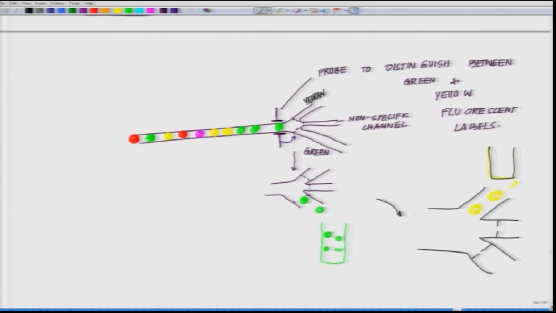So, now from 5 cell types, you are slowly narrowing down to 2 different cell types. This is how the fluorescent sorter works, depending on how powerful your sorter is. So, this is your fluorescent sorter.